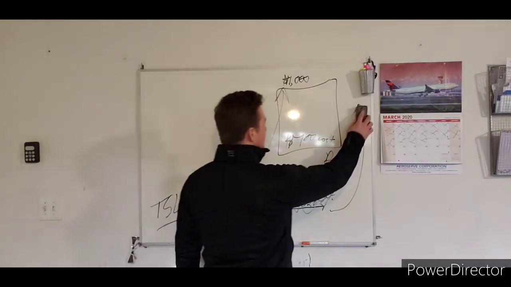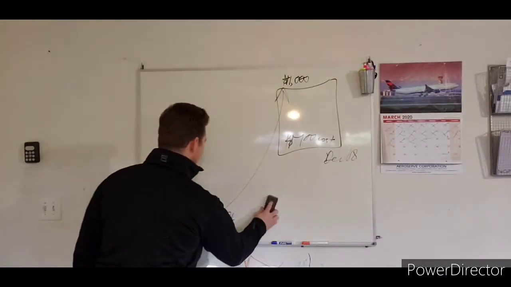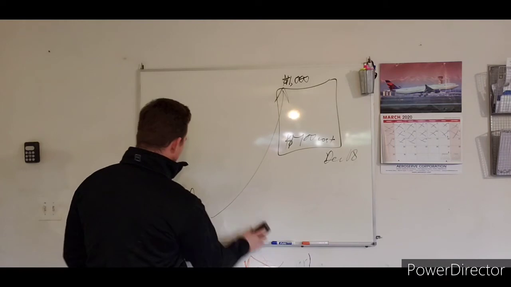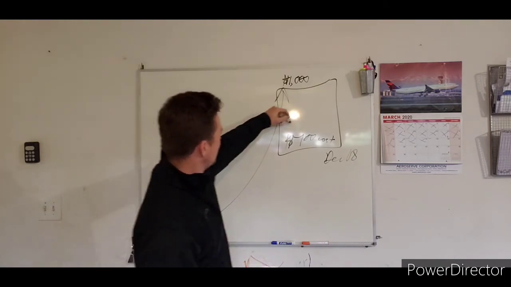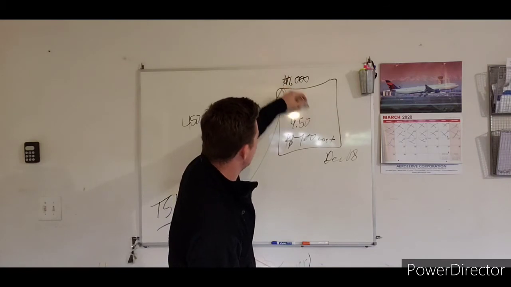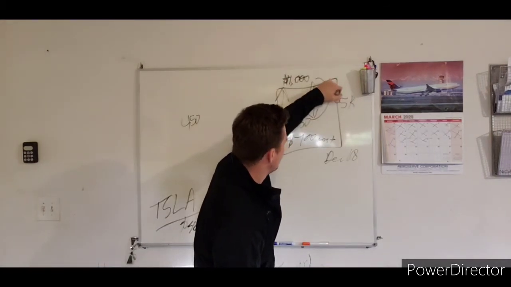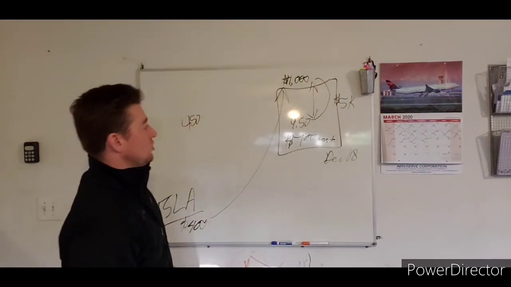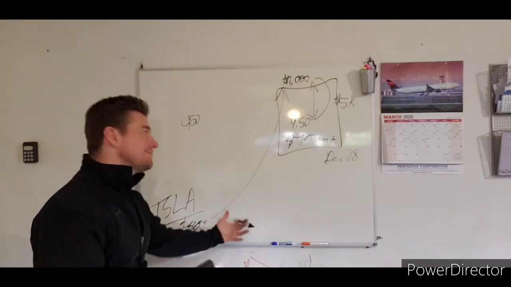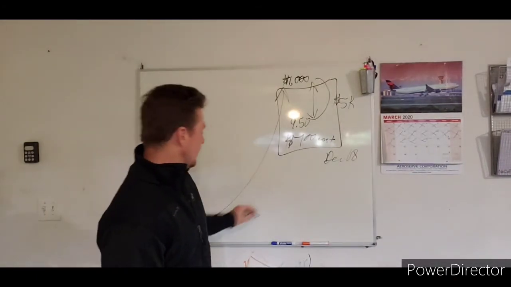But if the same thing occurs, my debit spread that I paid $450 for, and we're going from $950 to $1,000, all right, and I'm capping my profit at $5,000. So yeah, your position, if you got in the money, will probably be around $5,000 to $12,000, depending on how quickly it happened.